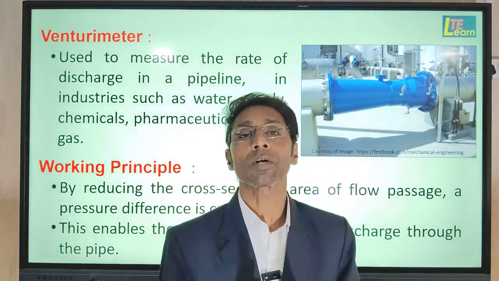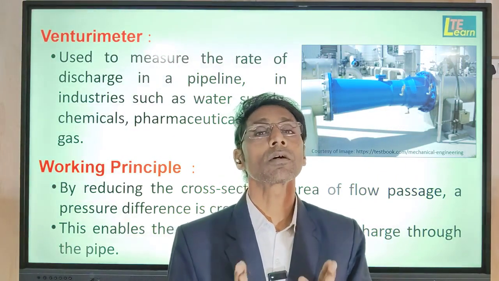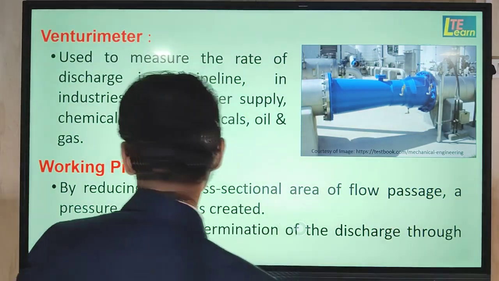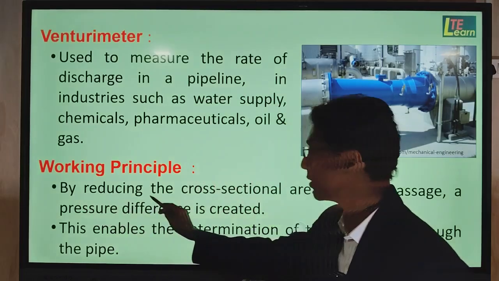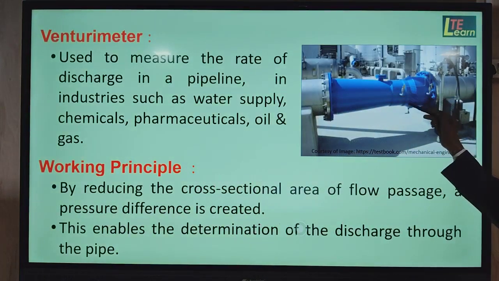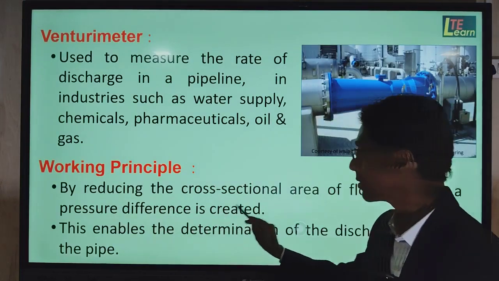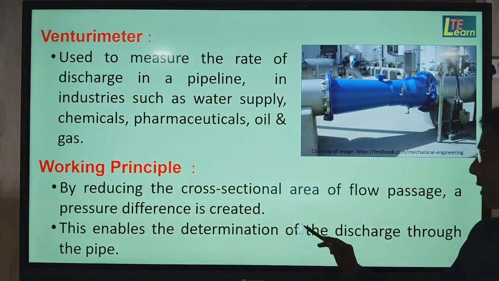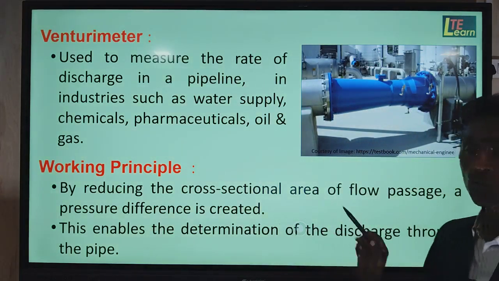This change in the pressure makes it possible to measure the discharge. That is the working principle of Venturimeter. So by reducing the cross-sectional area of a flow passage, a pressure difference is created, and this pressure difference makes possible the determination of discharge through the pipe.